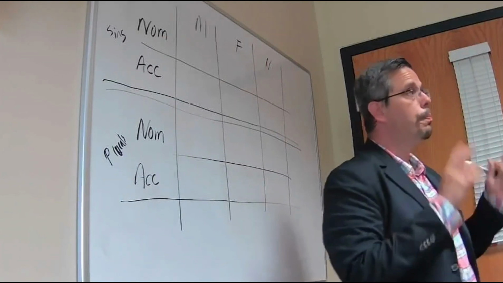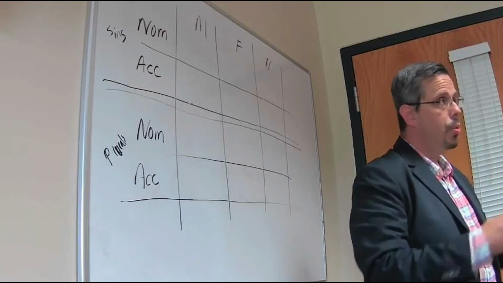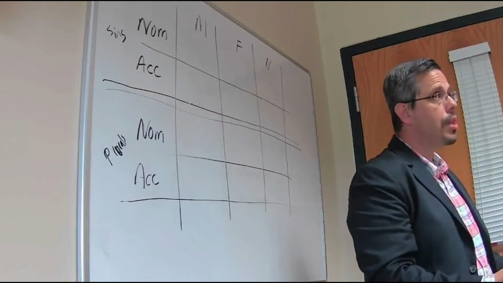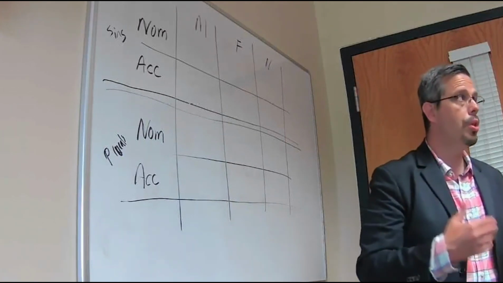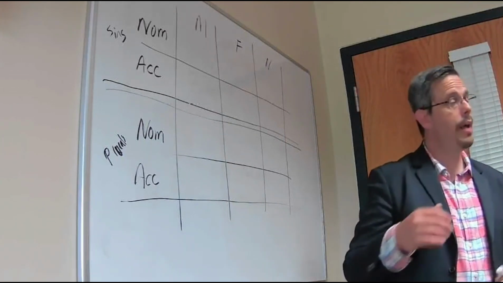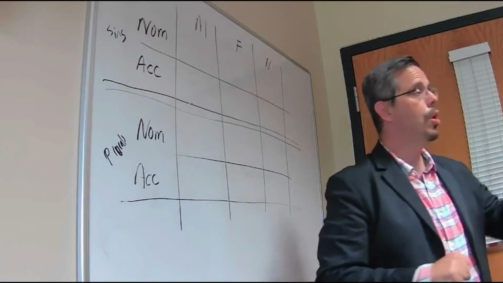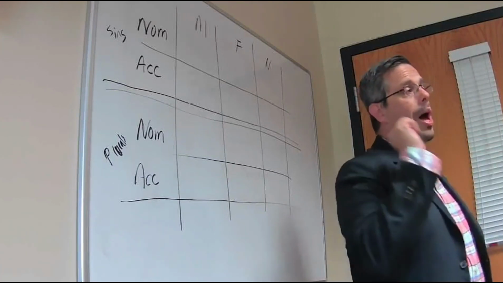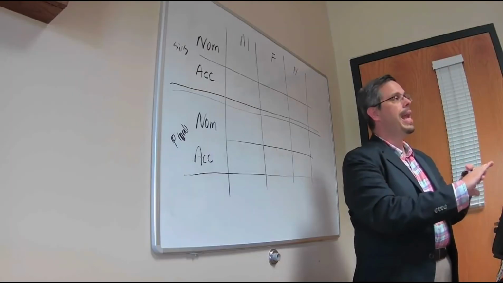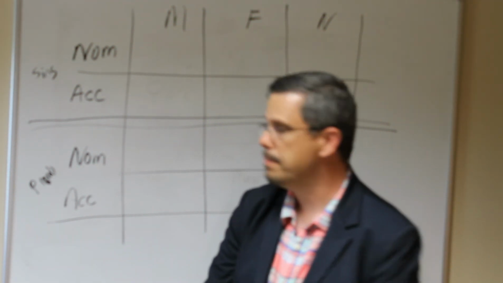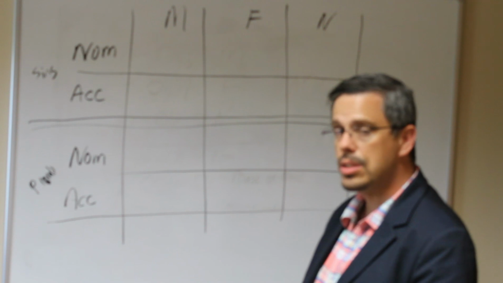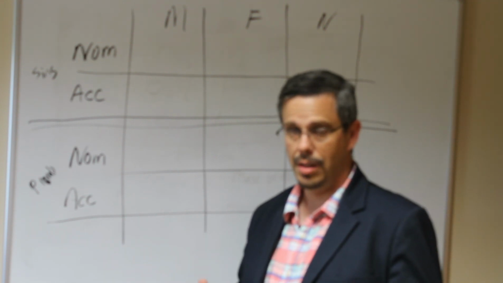So when we begin to parse nouns, which is when we list out all of the parts that make up that noun, you're going to need to know the lexical form for that. So you're going to have to recognize what case it is, what gender it is, what number it is, and what the lexical form of it is. Okay, so that's where we're going to go.